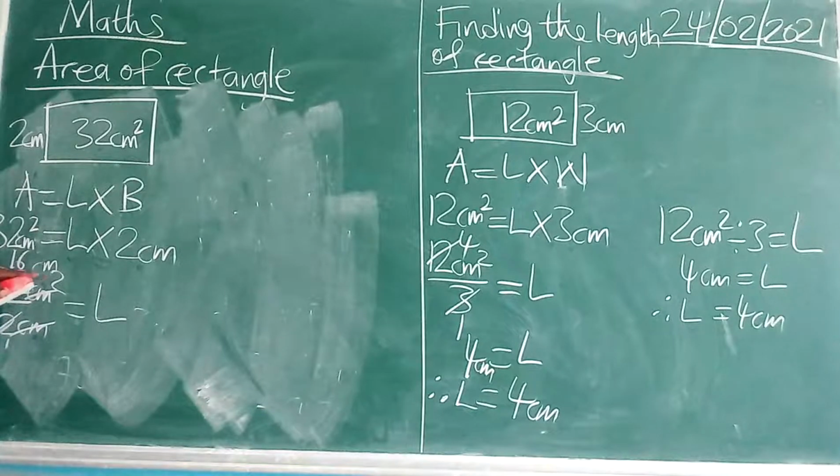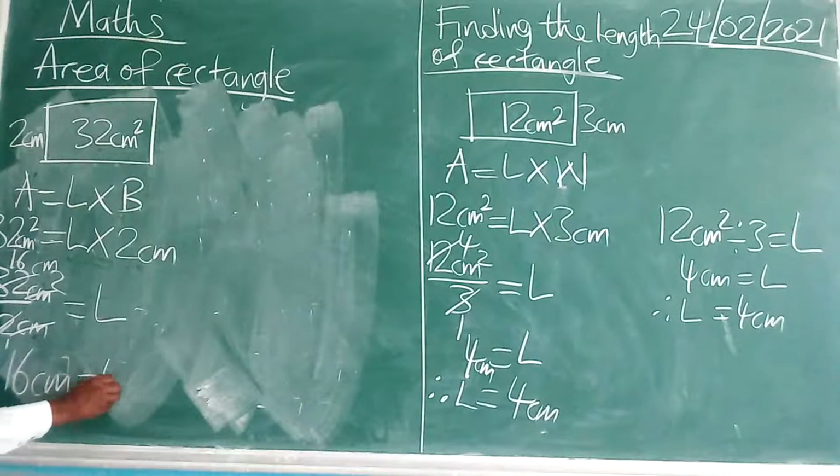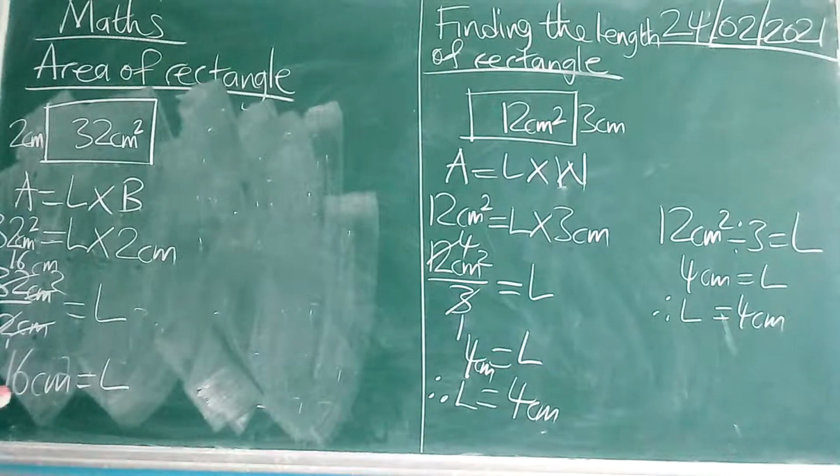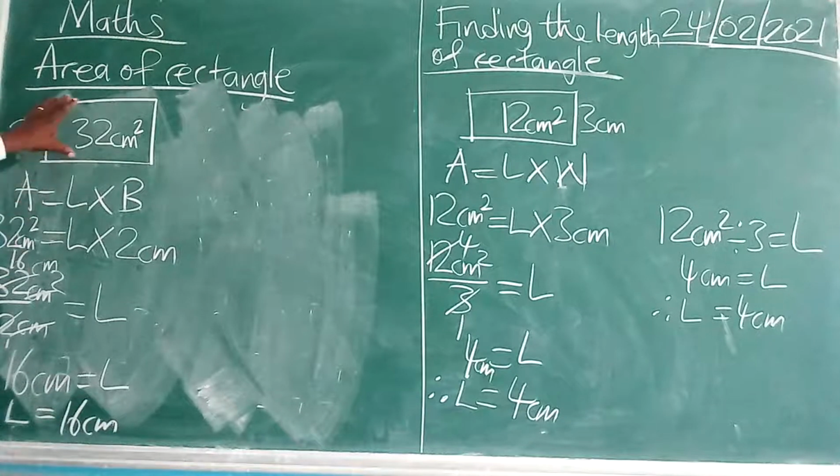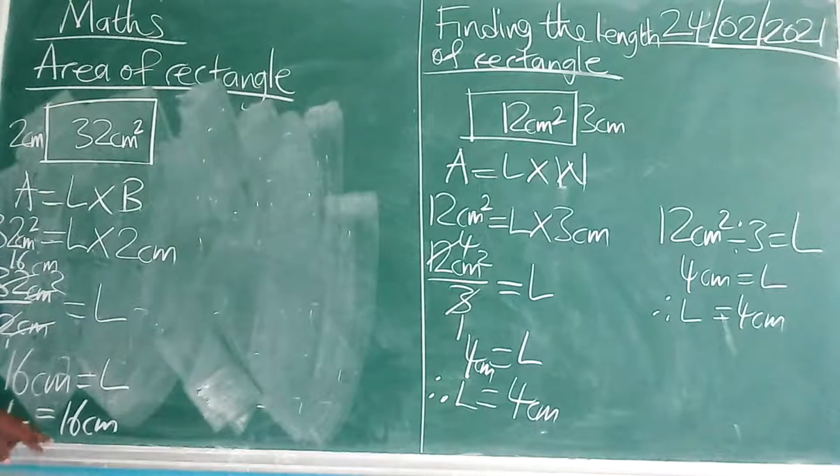So now we have 16 centimeters here. So now we write 16 centimeters equals to what? L. Now, therefore, L is equal to 16 centimeters. So the length of this rectangle is 16 centimeters.